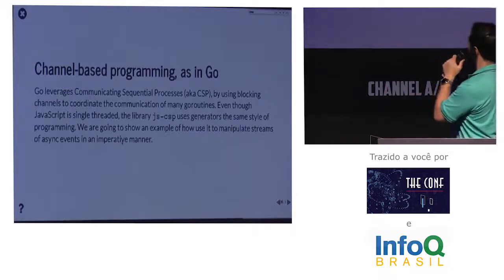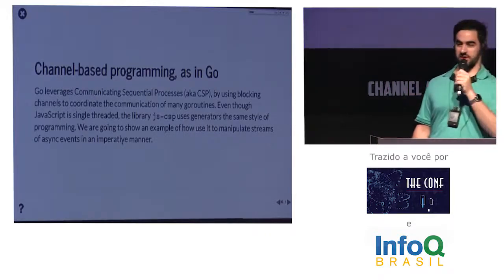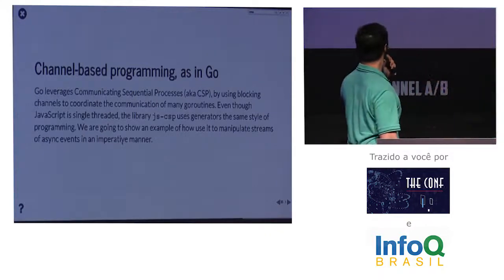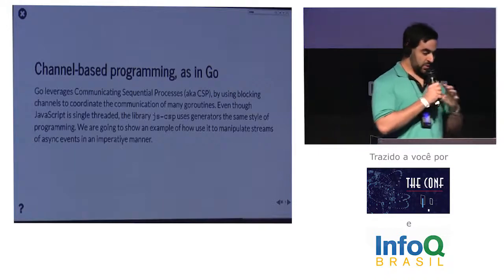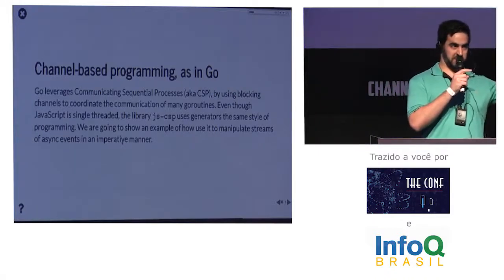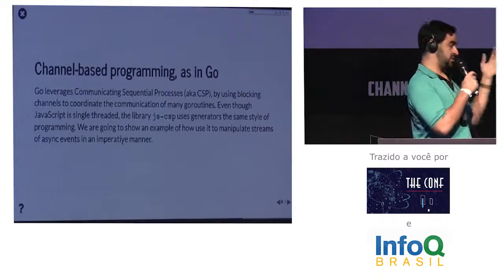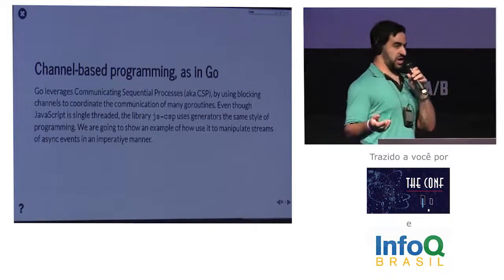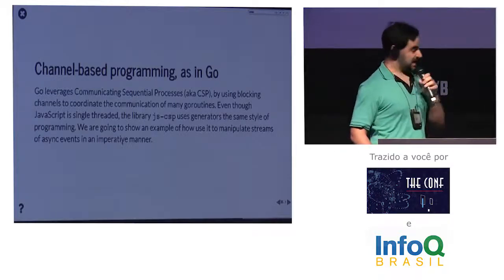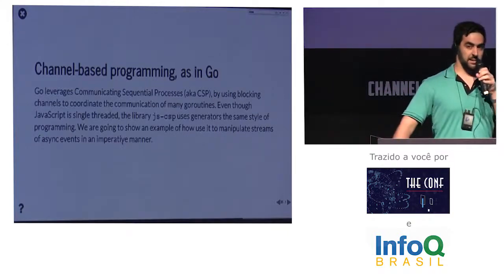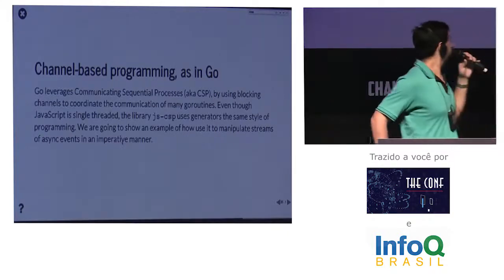There's this thing called CSP, communicating sequential processes, which is the concept that you have two running threads which communicate with each other via a queue, and those are called channels in Go. And in JavaScript, we obviously only have one thread, but still we could use the same concept to replicate this style of programming using something called generators.